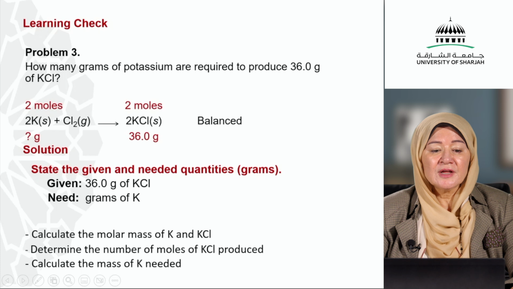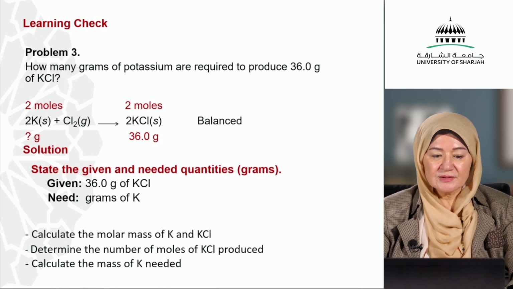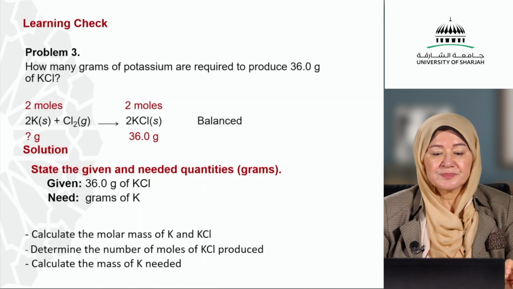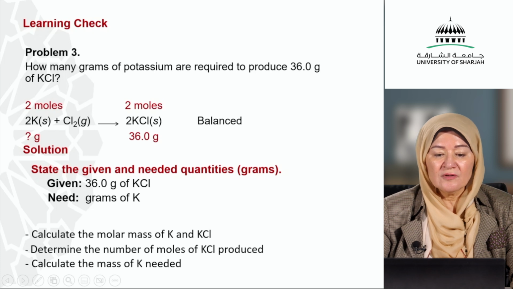Here I have another problem for you, in which I have potassium plus chlorine giving potassium chloride. This is a balanced reaction. I have 2 moles of potassium giving 2 moles of potassium chloride.